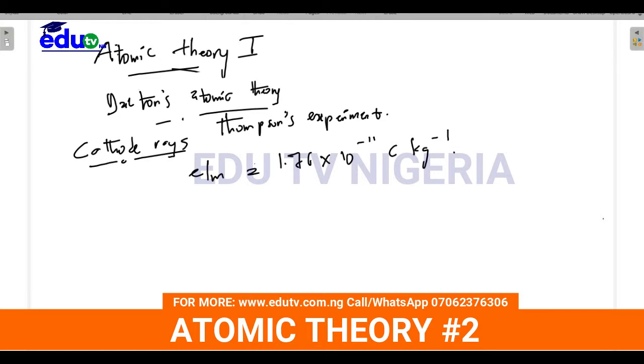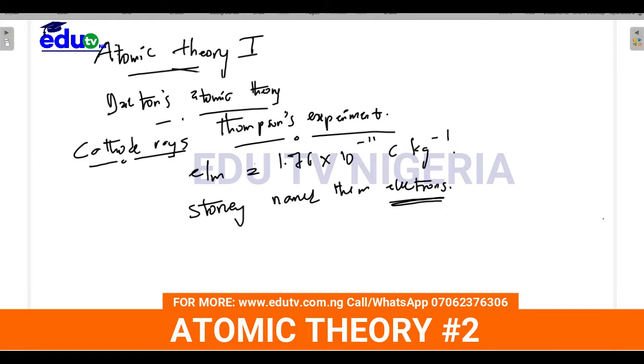After finding the charge to mass ratio in the cathode ray experiment, the particles were named electrons by Stoney. As it progressed, we talked about the three particles that compose the atom: the protons, the neutrons, and the electrons.